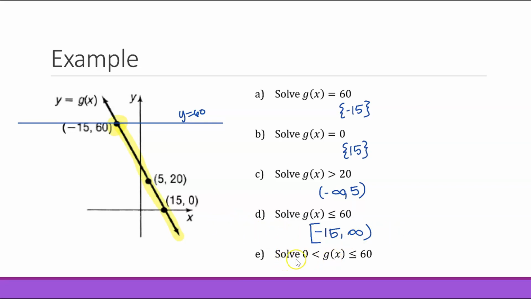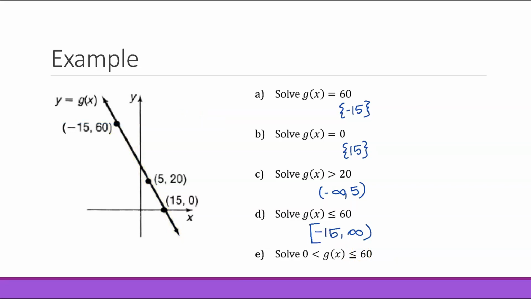All right, and then the last one. Solve, where is 0 less than g of x less than or equal to 60? Or another way to think about it is, where is g of x trapped between 0 and 60? On what x values are the y values of the line trapped between 0 and 60? So I'm going to erase what we have so far.